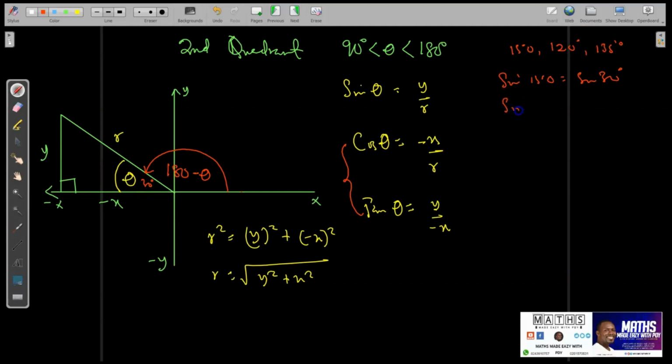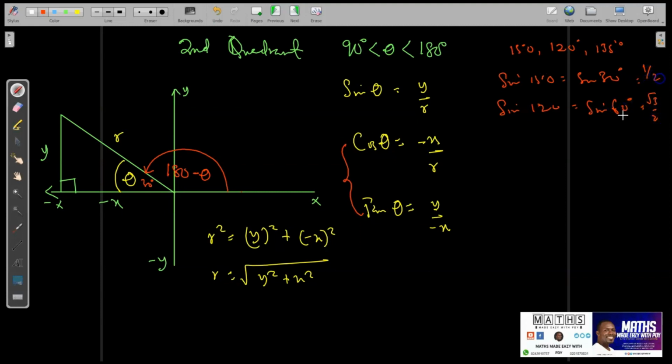Again, sine of 120 degrees in the second quadrant. It's root 3 on 2. So it is the same as sine of 60 degrees.